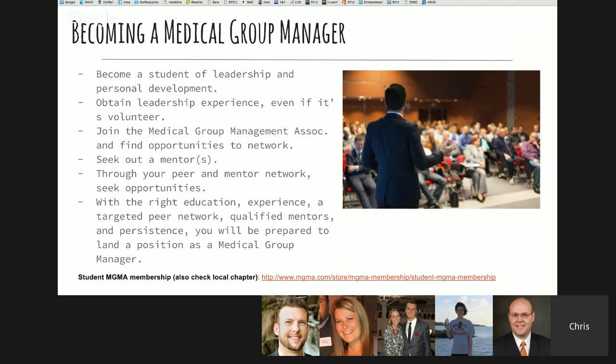Part of becoming a leader is obtaining leadership experience, and we can do that through volunteer opportunities, through seeking positions of growth where we can progress into a leadership position to gain the experience.